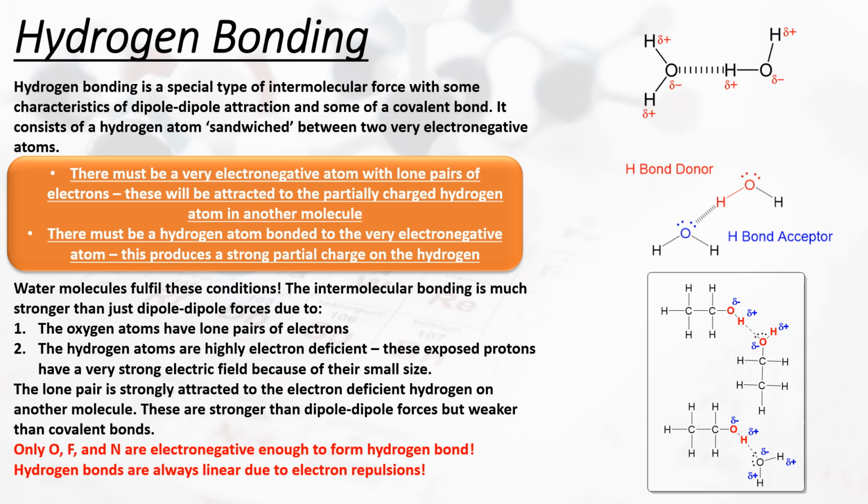Here I've used this dashed line to indicate there's a hydrogen bond between the delta negative oxygen, the lone pair, to the delta positive hydrogen, that electrostatic attraction. Ethanol, alcohols, can also hydrogen bond to water as well. It doesn't have to be to itself, it can also be between different molecules. Again, we can have hydrogen bonding occurring because we have an oxygen bonded to a hydrogen in water, and an oxygen bonded to a hydrogen in ethanol as well.